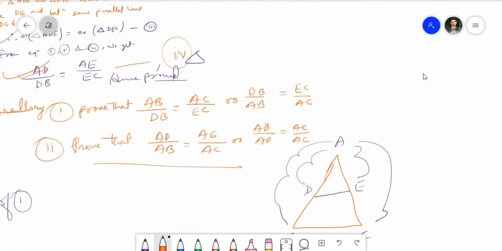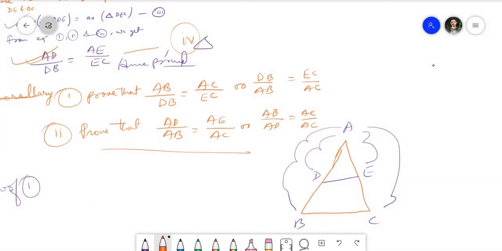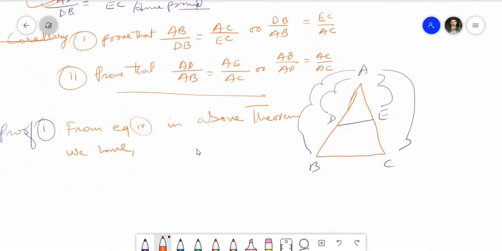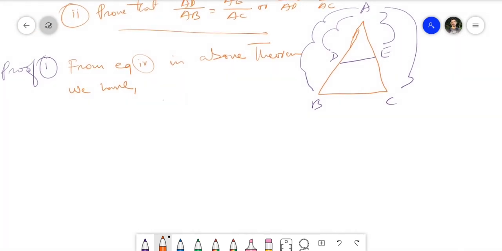So we can write, proof 1, from equation 4 in the above theorem we have AD by DB, is equal to AE by EC. I hope you have understood. We took it from equation 4. We just proved this one.